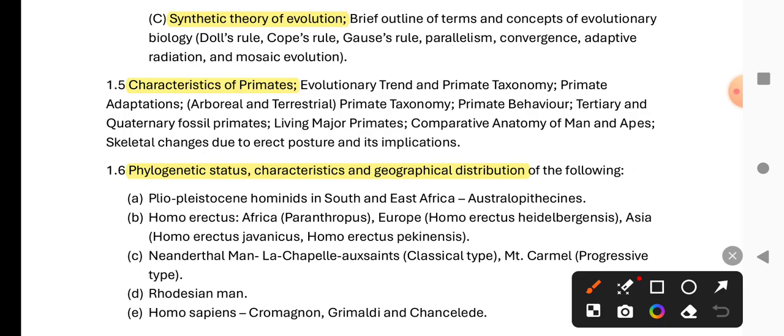Homo erectus Paranthropus was found in Africa, but Homo erectus javanicus is found in Sangiran, Java. Based on this, Kramer concluded that the multicentric theory of evolution happened, and after this various anthropologists, like Simons and Smith, studied all the discovered fossils and published in Current Anthropology in support of the multicentric theory of evolution.